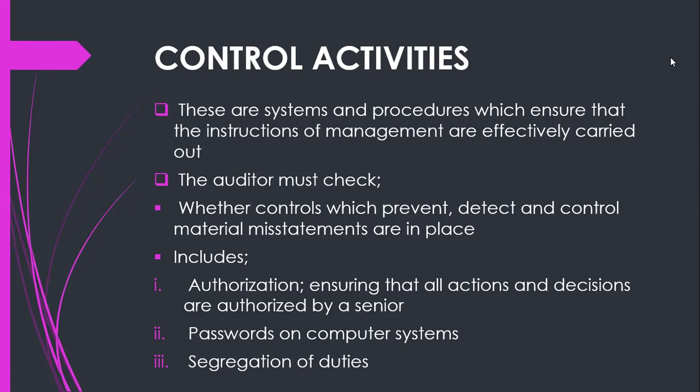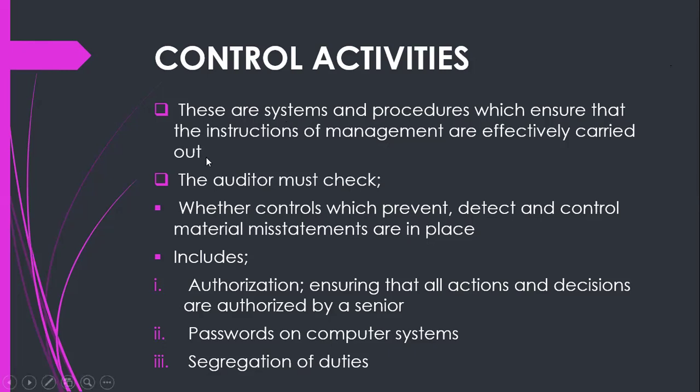Okay. So what you do there is a control where one group of individuals carries out the count, then you come and verify. That's a control activity. Control activities are systems and procedures which ensure that the instructions of management are effectively carried out.